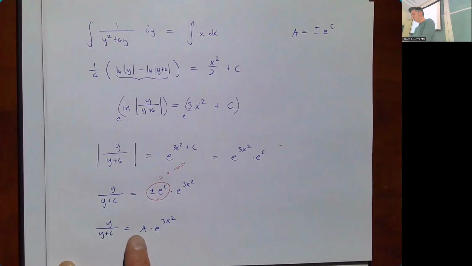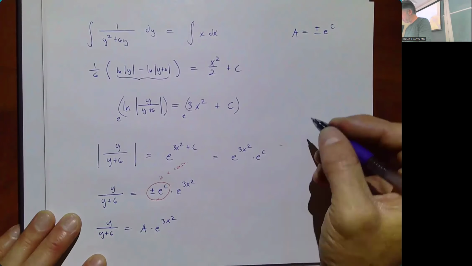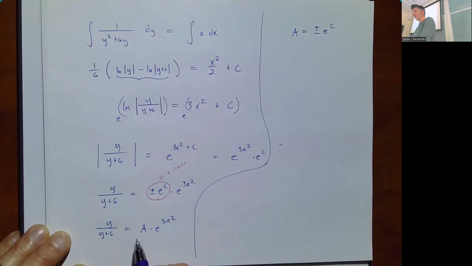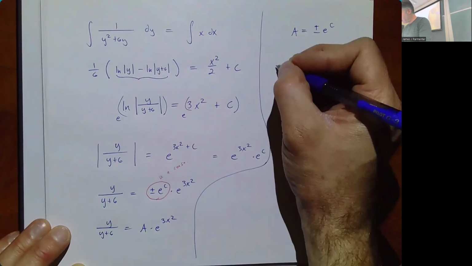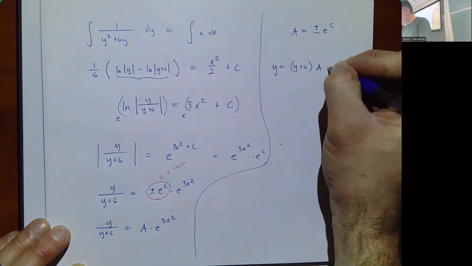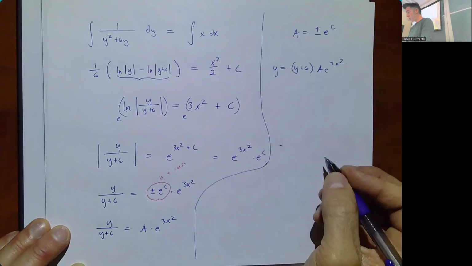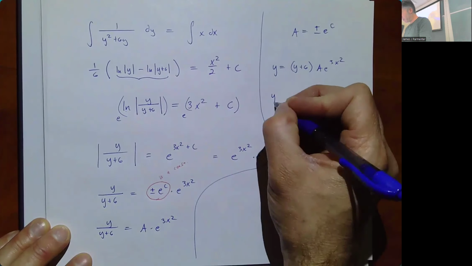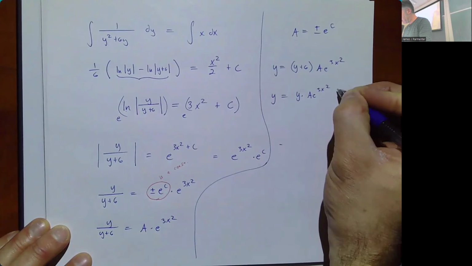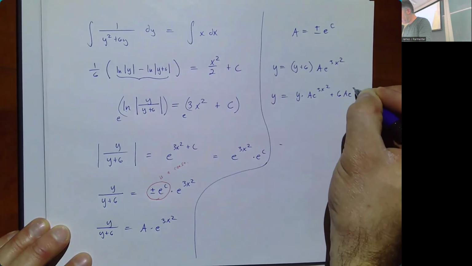All right, so solving for y feels like kind of an exercise in terribleness, but we're going to multiply both sides by y plus 6. We're going to have y equal to y plus 6 times A e to the 3x squared. We're going to distribute, and we get y equal to y times A e to the 3x squared plus 6A e to the 3x squared.